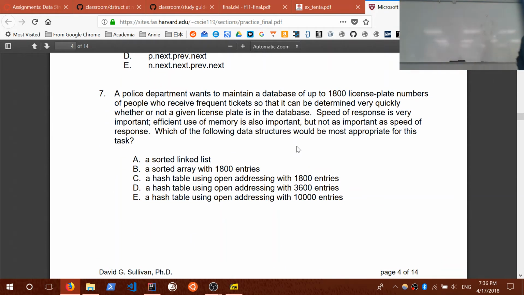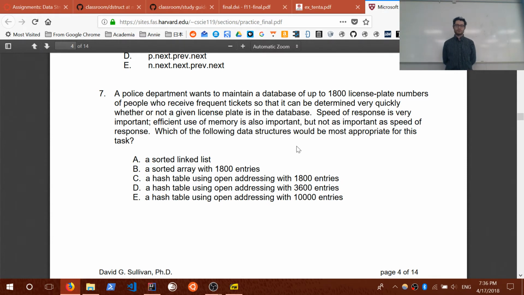All right, this one is a good scenario question. A police department wants to maintain a database of up to 1,800 license plate numbers of the people who receive frequent tickets, so that it can be determined very quickly whether or not a given license plate is in the database. Speed of the response is very important. The use of memory is also important, but not nearly as important as the speed.